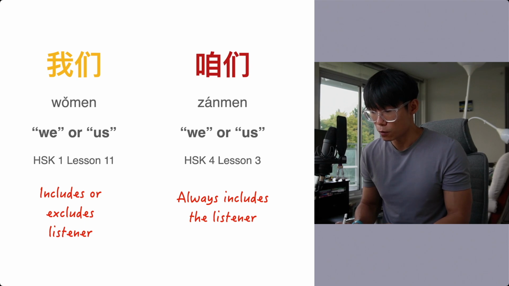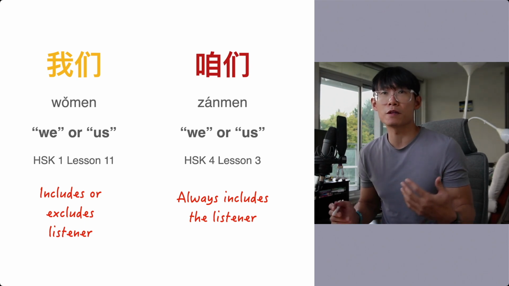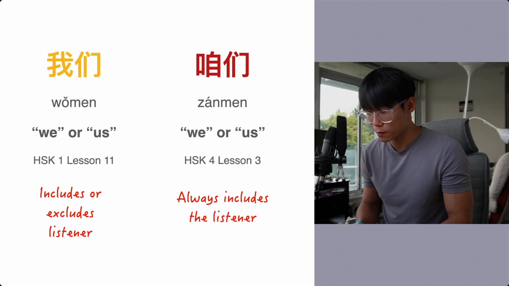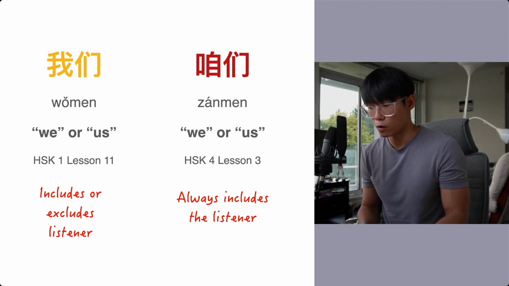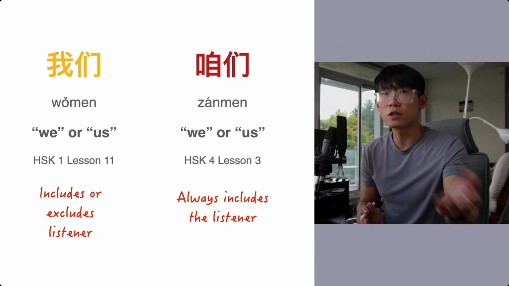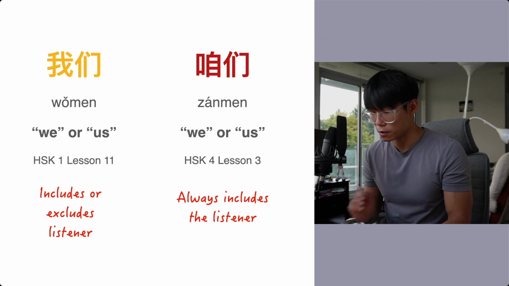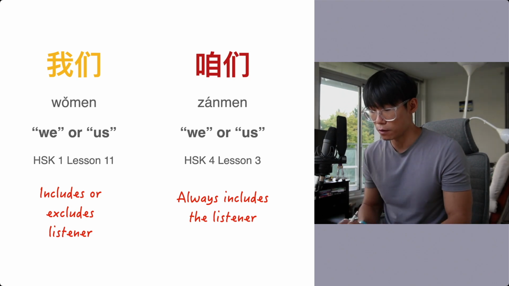So when I say 咱们 do something, that means I want you to do it with me. That's the difference between 我们 and 咱们: 我们 can exclude you or include you, but 咱们 always includes you. But you don't have to know that in HSK1. That's going to be coming up in HSK4.